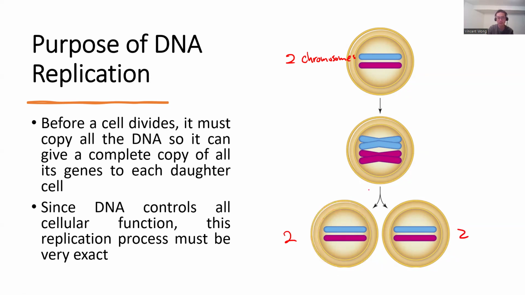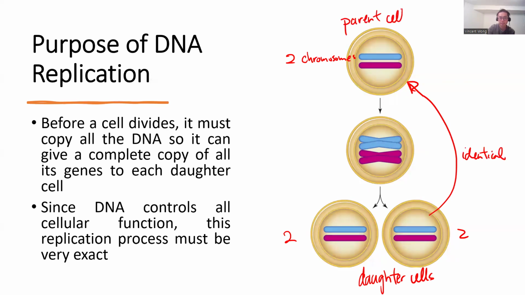Each of the daughter cells, that's what we call them, is genetically identical to the parent cell. It's the same. And in order for this to happen, you have to copy all the genetic material, all the ACTGs in your DNA, and pass them on to the next generation.